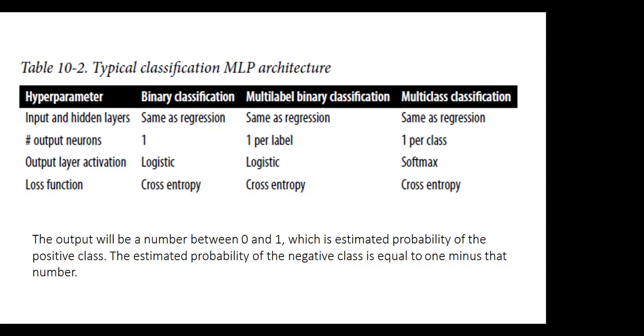We have multiple classes, and the input and hidden layers for the model would be the same as regression, and we have one output neuron per class. The activation function used here is softmax. As you know, it gives the probability of each class, and the sum of the probabilities would be 1 at the end. And we can use categorical cross entropy loss.